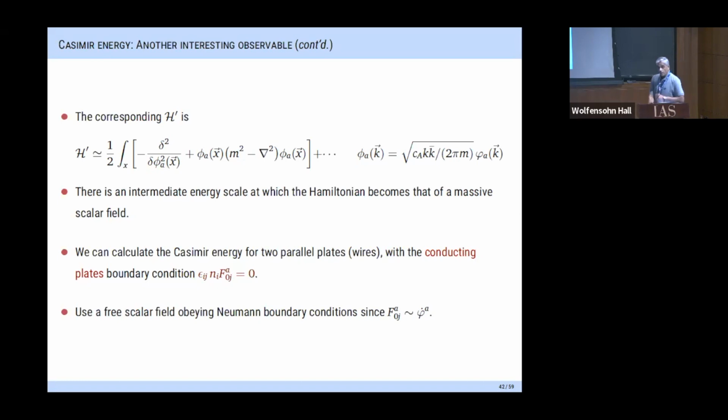Now, when you think about Casimir energy, you can ask the following question. I have these two parallel plates, and I'm going to compute the interaction energy between them. If they come very close, you're not going to get anything that you can compare with lattice because there'll be lattice artifacts that come into play. If they're too far away, it's going to die off too much.